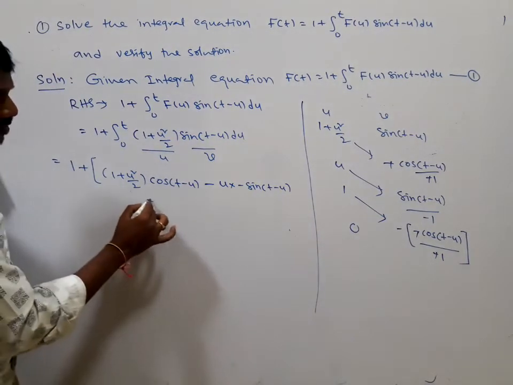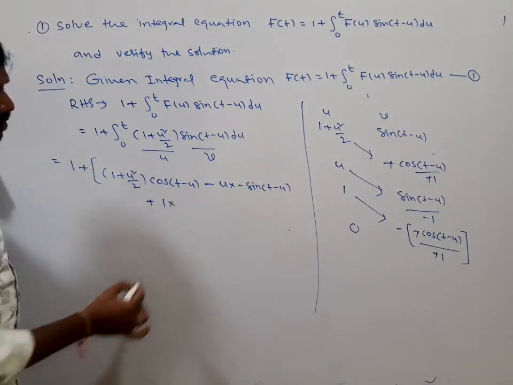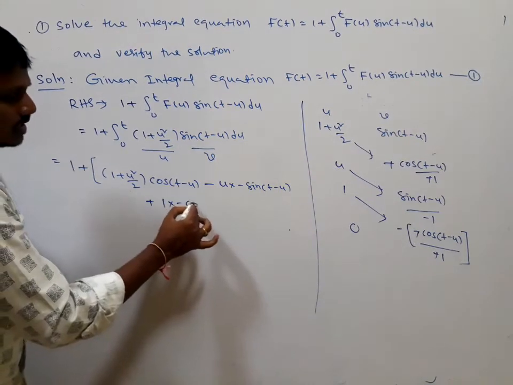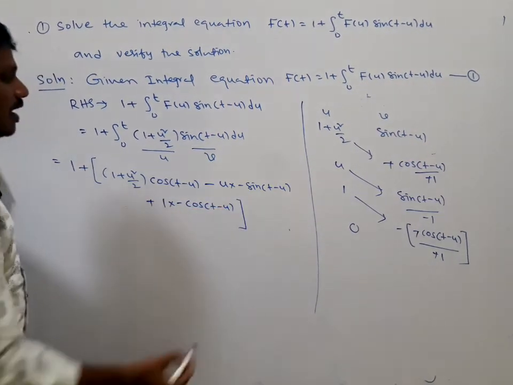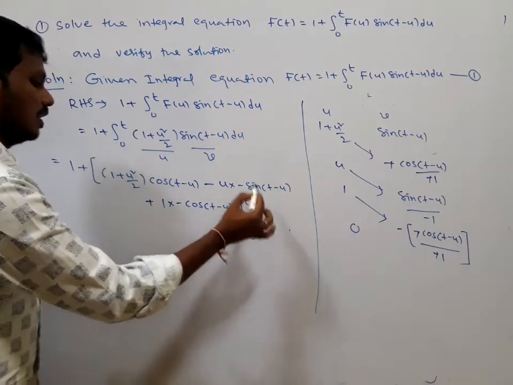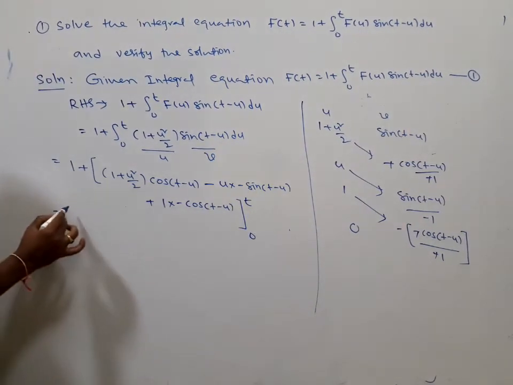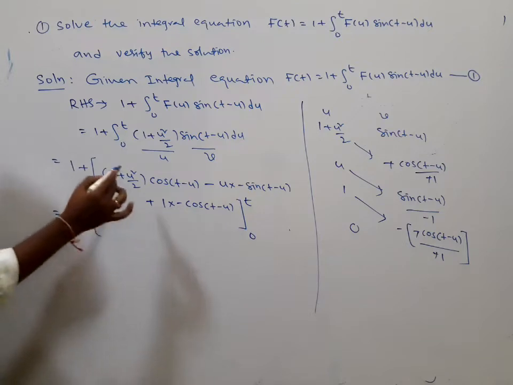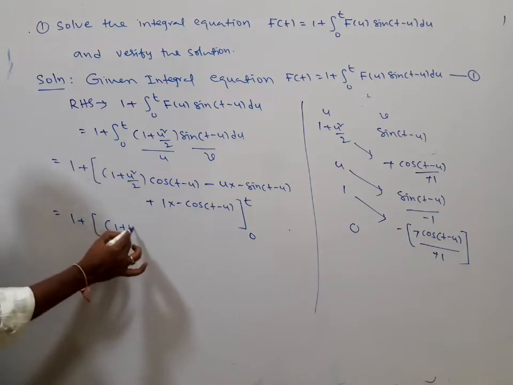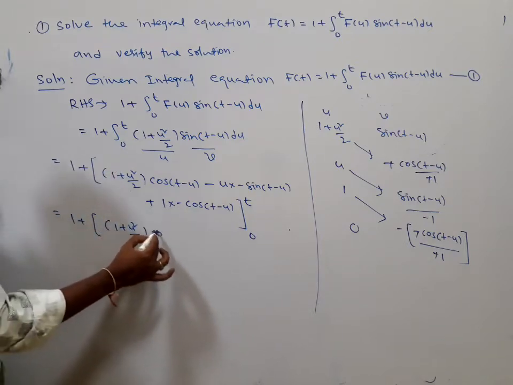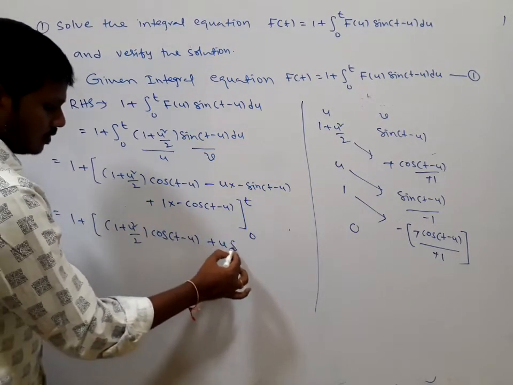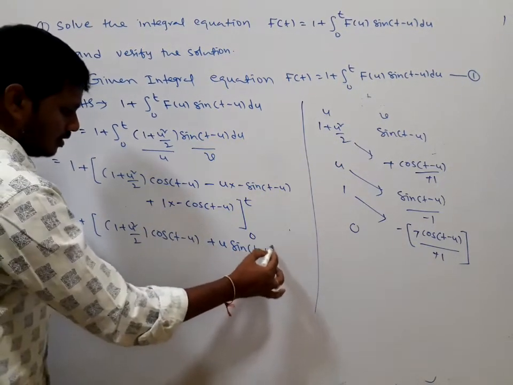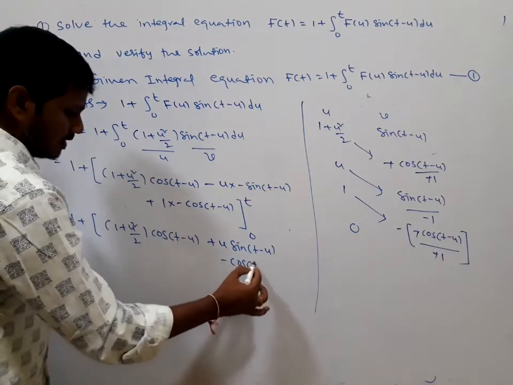Next positive 1 into negative cos of t minus u, where the limits are 0 to t. Before substituting the limit, simplify without the minus terms: 1 plus u square by 2 cos of t minus u, minus into minus plus u sin t minus u, minus cos t minus u.